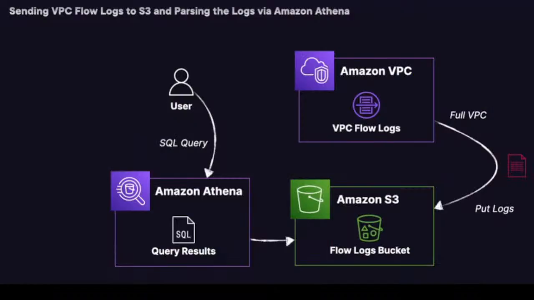Let me give some idea. There is Amazon VPC, where we will generate flow log files and push them to an S3 bucket, and from that bucket we will integrate Amazon Athena. As a user, we will query those logs.